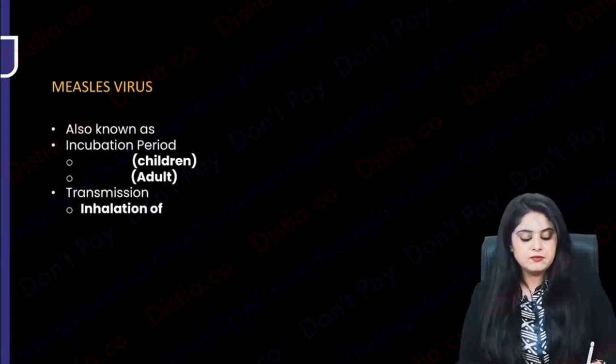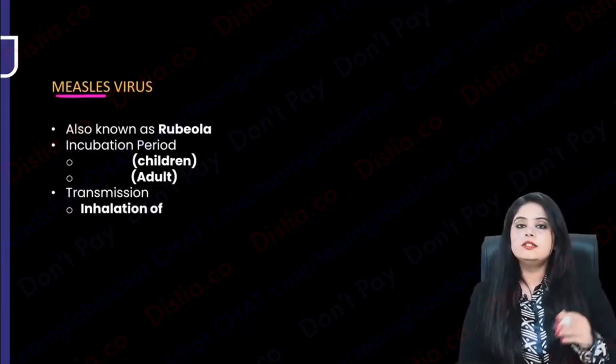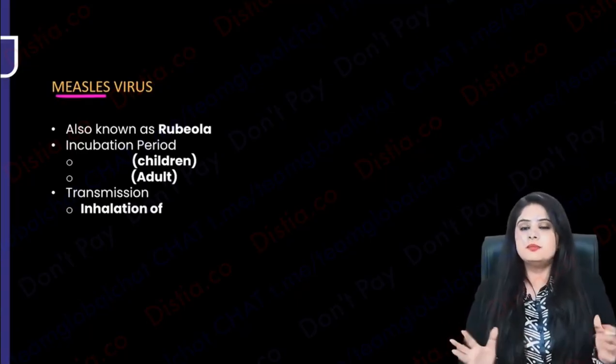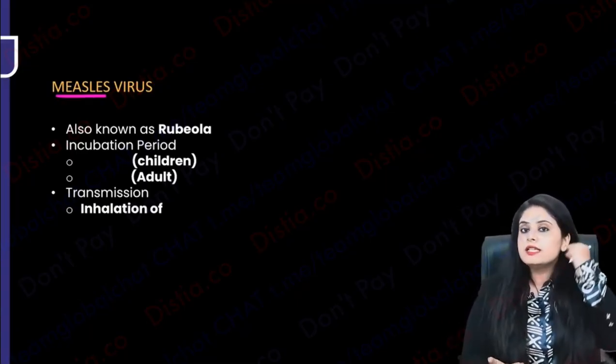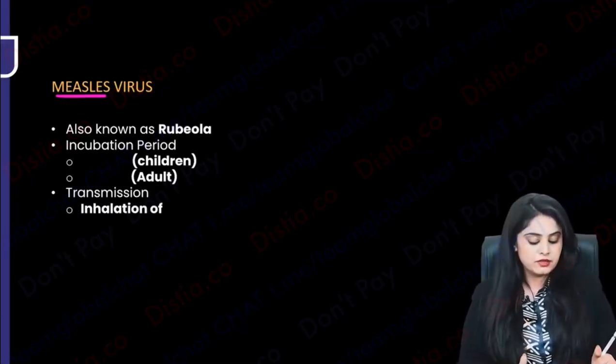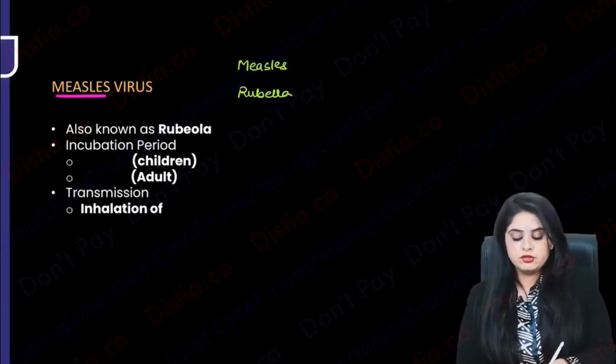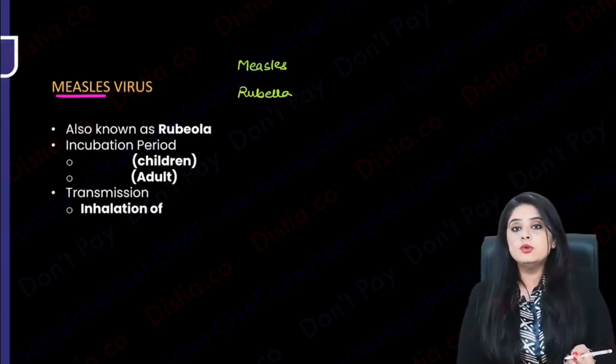Now, what is the other name for measles virus? It is also known as rubeola. So I hope you know the difference between rubella, rubeola, measles, German measles. There's a big confusion that they have created, and I will sort out that confusion for you. Whenever you're talking about measles, there is something called rubella, so you have to do a cross connection. So remember, rubella is not rubeola.